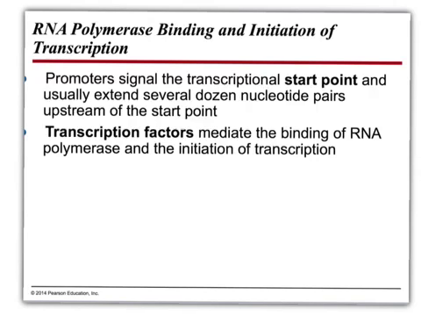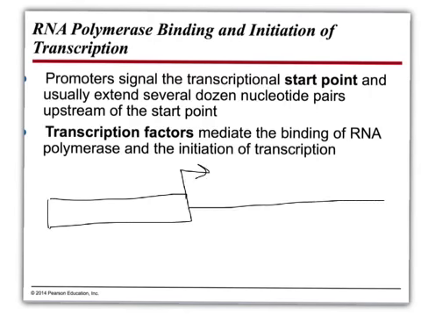So promoters signal the start point and usually extend several dozen nucleotide pairs upstream of the start point. Scientists tend to draw it something like this. If this is your promoter region, this is your transcription start point, usually an arrow, and then we have your 5' terminator sequence.